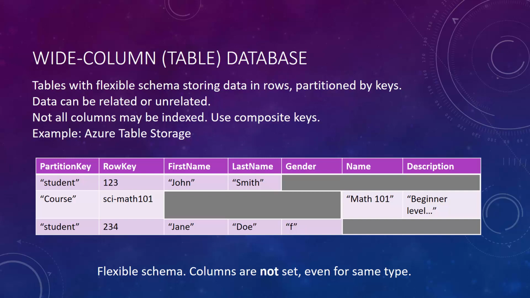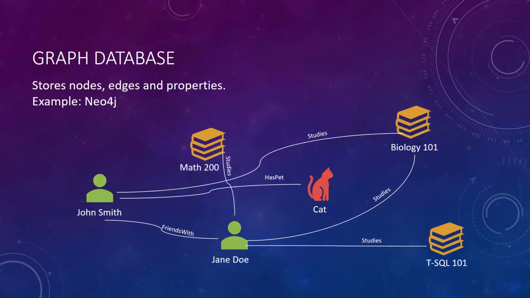And we mentioned that one example of a wide column database is Azure Table Storage. And we're going to get into why these different types of databases are useful and the scenarios for which they're useful. And the next example is a graph database. And graph databases are all about relationships.